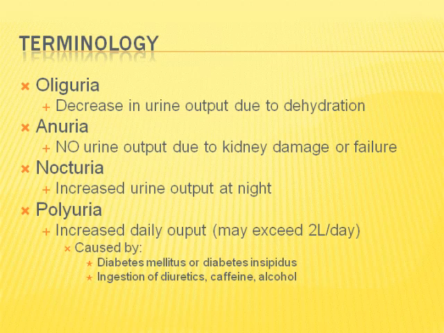Nocturia is increased urine output at night. And polyuria is increased daily output of urine, and this may even exceed greater than 2 liters per day. Usually polyuria is caused by diabetes mellitus or diabetes insipidus or ingestion of diuretics, lots of caffeine or alcohol.